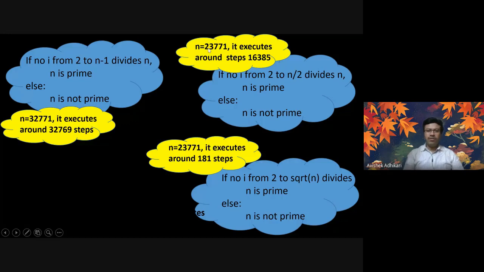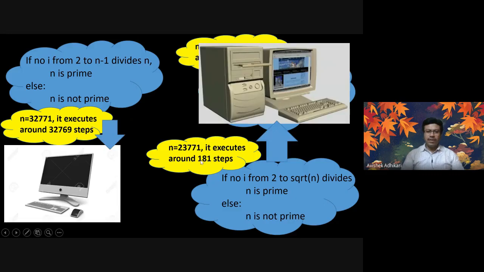Here also it should be 32, I made a mistake. So the number will be around 16385, and here also the number will be around 181. So here it's around the exact number of times I will check whether i divides n or not.